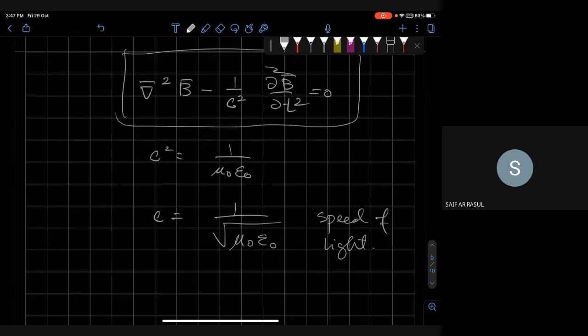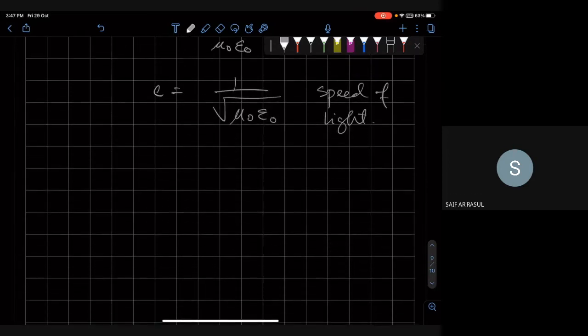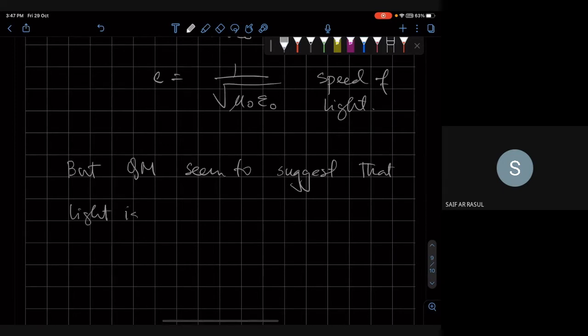Okay. So this is just to remind you how strongly we are married to the idea of light as waves. But quantum mechanics, as we have seen it so far, seems to suggest that light is a particle, right?